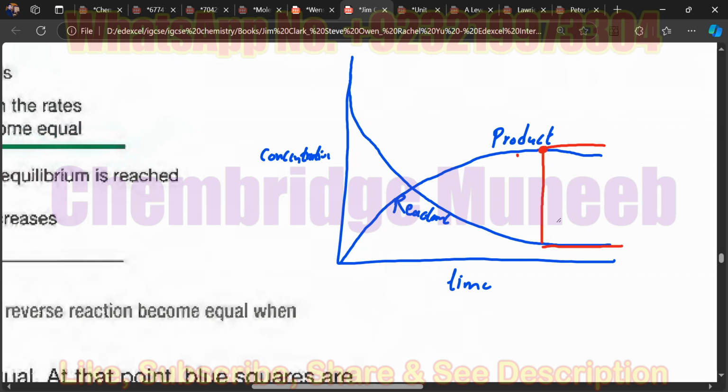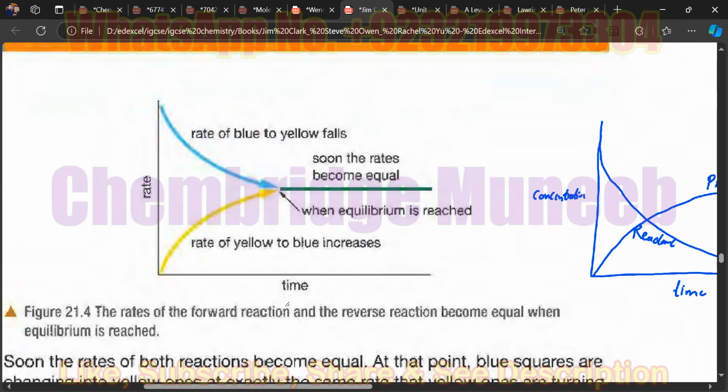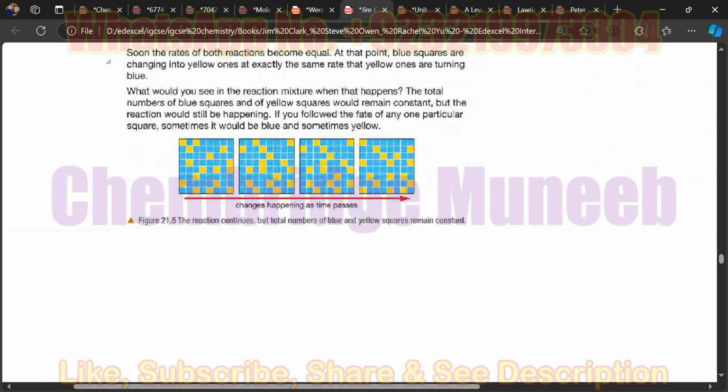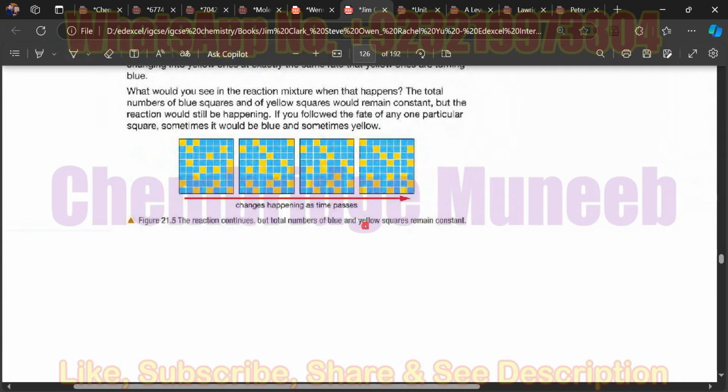This point means that at this time the equilibrium is reached. Equilibrium is reached at this point. Is that clear? Yes. So that's how we can draw the graph for the equilibrium reaction.